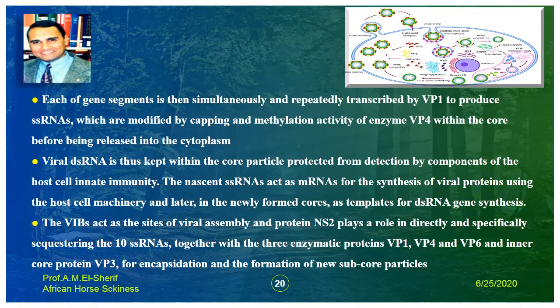Each of the gene segments is then simultaneously and repeatedly transcribed by viral protein 1 to produce ssRNAs, which are modified by the capping and methylation activity of the enzyme of viral protein 4 within the core before being released into the cytoplasm again.